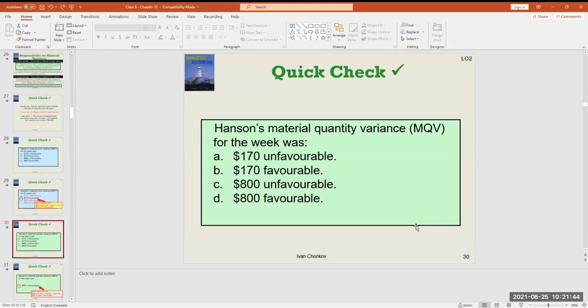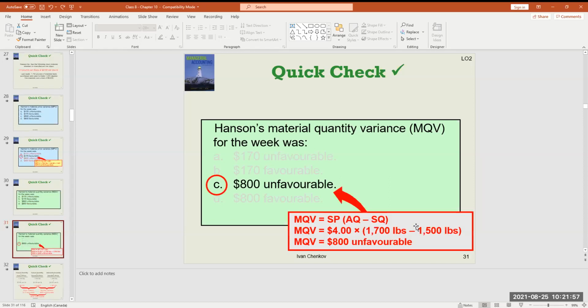What happened with the material quantity variance? How much was it? C, 800 unfavorable. Yes. The other way to calculate it is getting the standard price and multiplying by the change in the actual quantity minus the standard quantity.